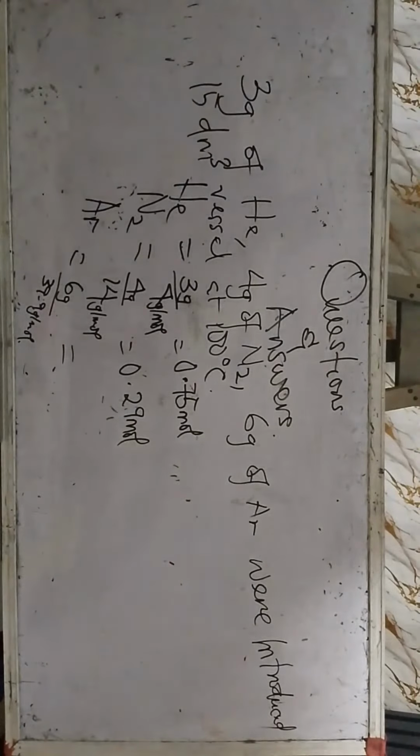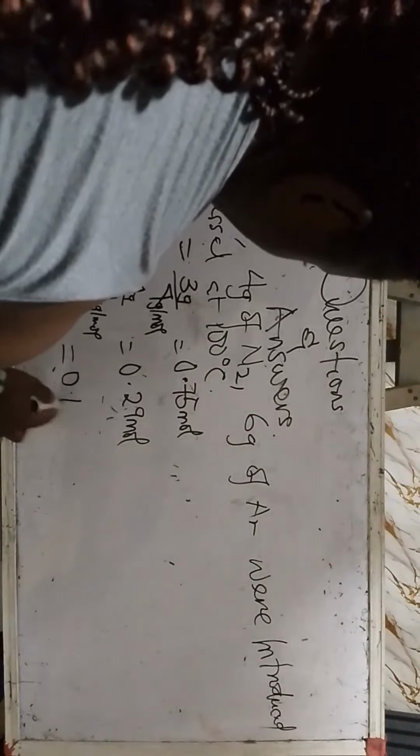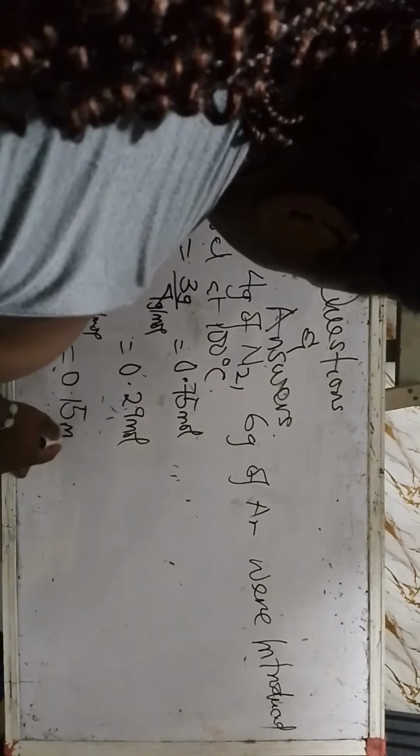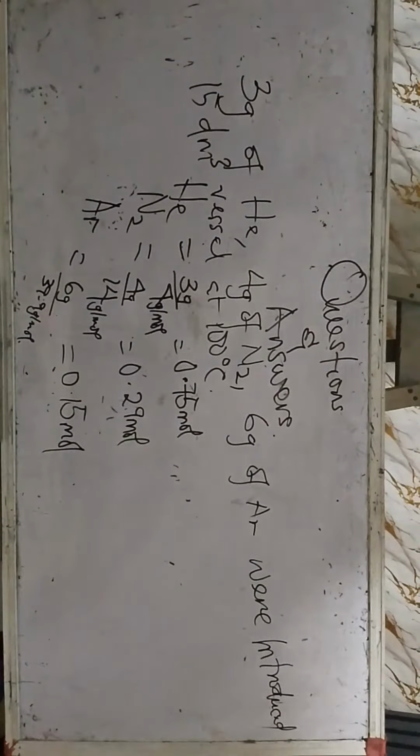And for argon, 6/39.9 is what? 0.15. For argon, it is 0.15 mole. So the next step is to calculate the mole fraction for each.